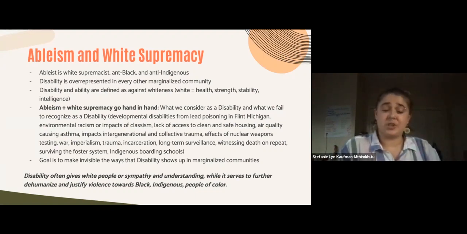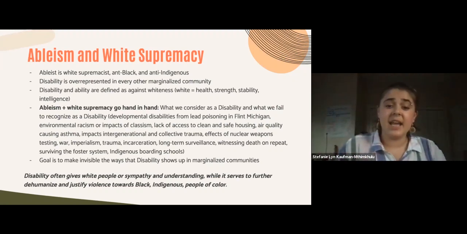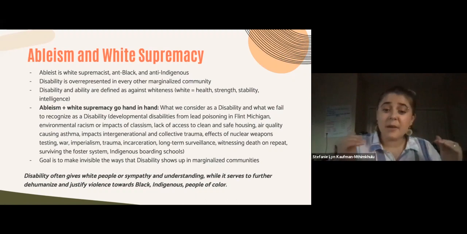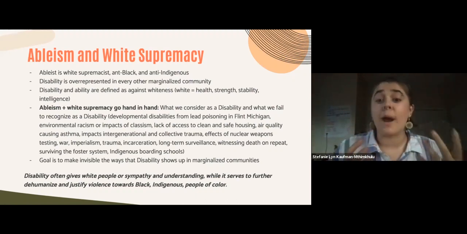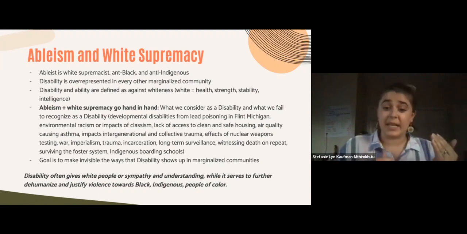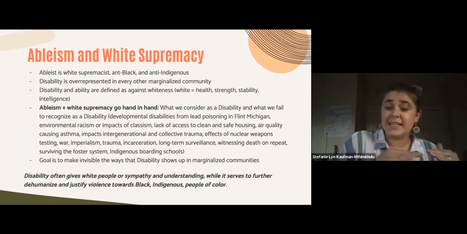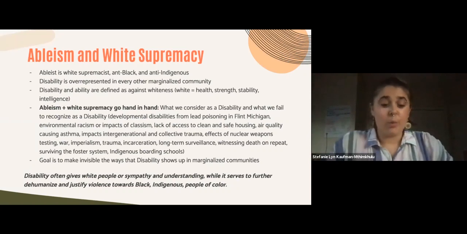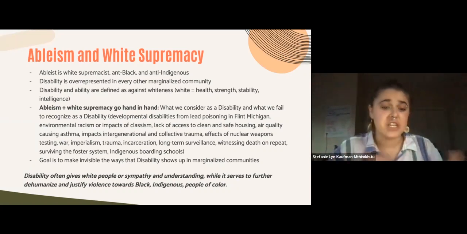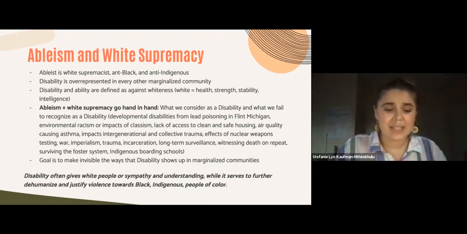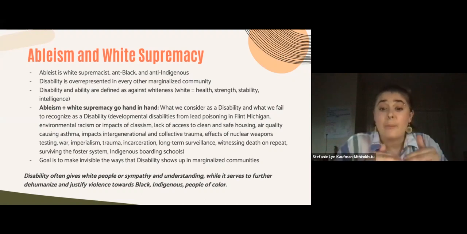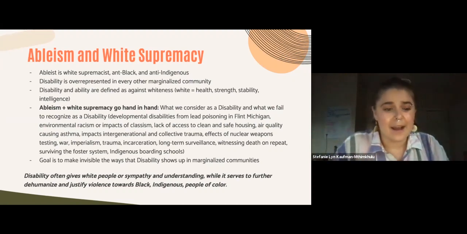We really want to take note of the way that health in our society is actually very much positioned in line with what we consider to be associated with whiteness, right? So disability is actually defined against whiteness. Whiteness tends to have connotations of health and strength and stability and intelligence. So when we're thinking about disability, it tends to be in opposition to all of that.